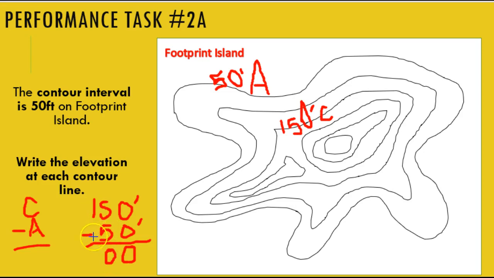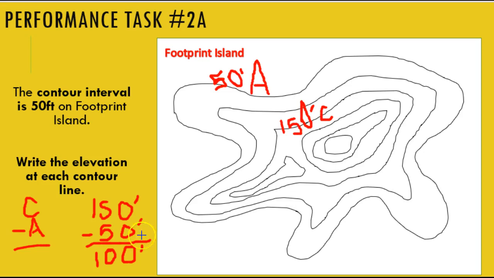And 1 minus nothing equals 1. And then we bring down our units, which is feet. So the change in elevation between A and C is 100 feet. Okay. And that's how we find the change in elevation using the contour interval.